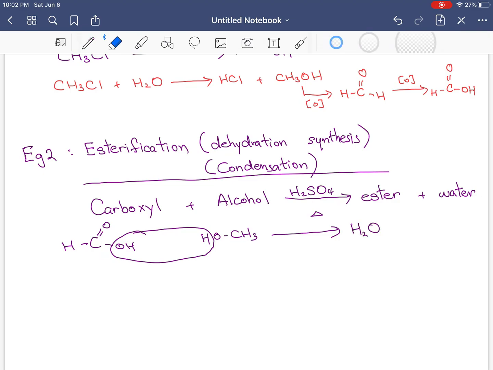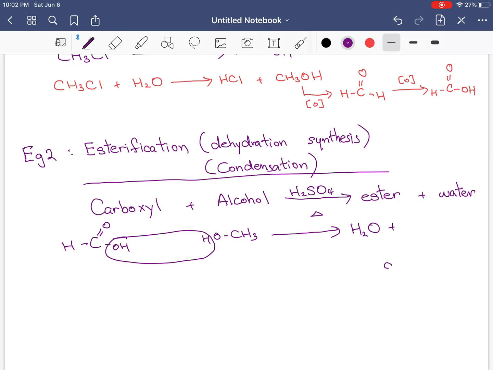Let me just erase this for a bit, just to show you. So when H2O is gone, you'll notice that this C is missing a bond, this O is missing a bond. So what do we do? Exactly. They're going to bond with each other.